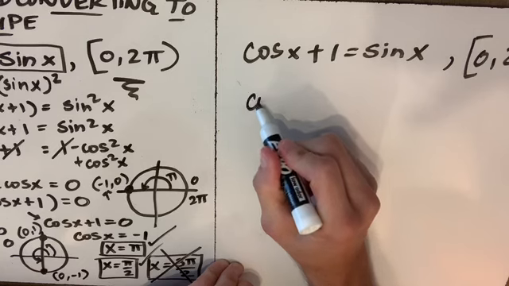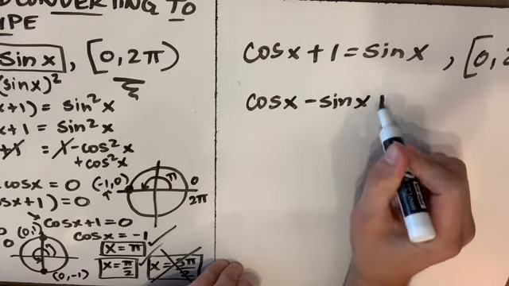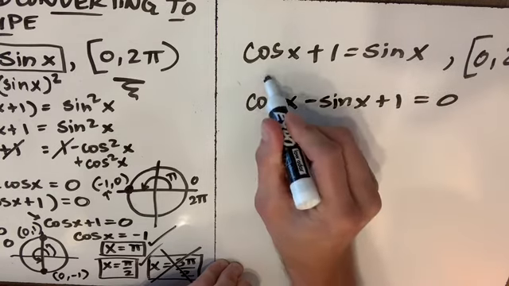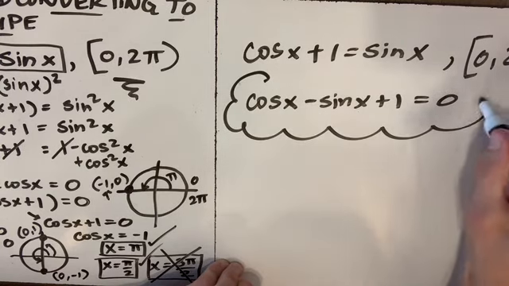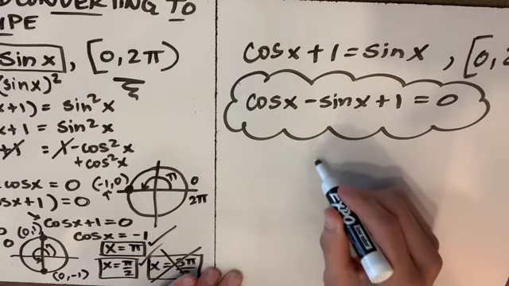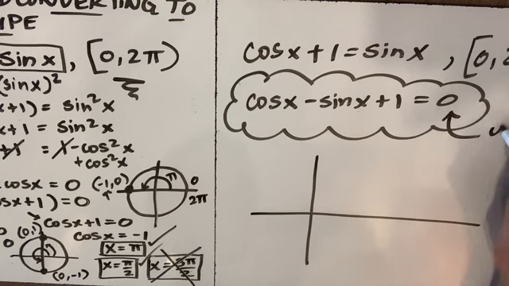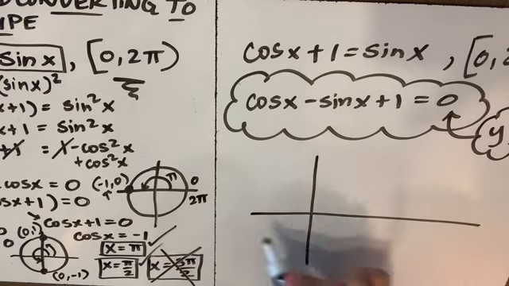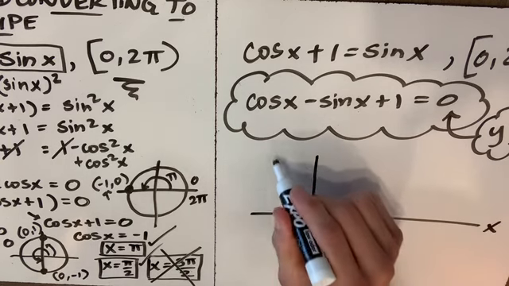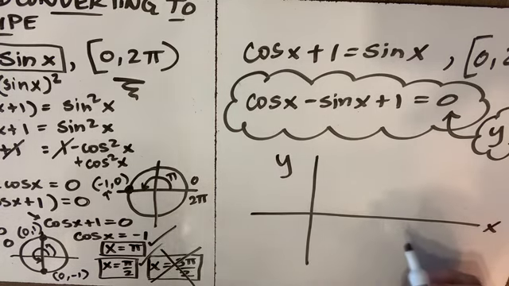So if I make this cosine x minus sine x plus 1 equals 0, and I graph this, the graphical feature I'm looking for is the x-intercept. Why? Because usually we have a y here. Now I'm saying y is 0. When is y 0? On this line, the x-intercept. And if I go from 0 to 2 pi, it's going to look something like this.